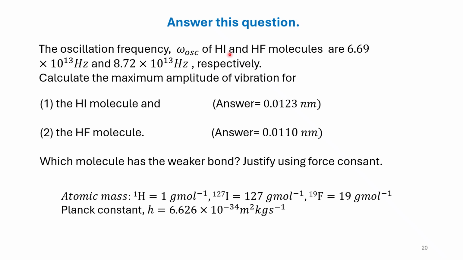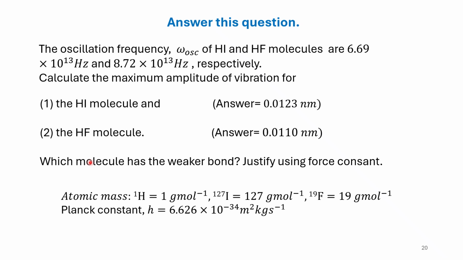And you can try to answer these questions. The oscillation frequencies of hydrogen iodide and hydrogen fluoride molecules are 6.69 times 10 to the power of 13 Hz for HI and 8.72 times 10 to the power of 13 Hz for HF. So you are given the vibrational frequency for both of these molecules, and you are asked to calculate the maximum amplitude of the vibration for HI and also HF.